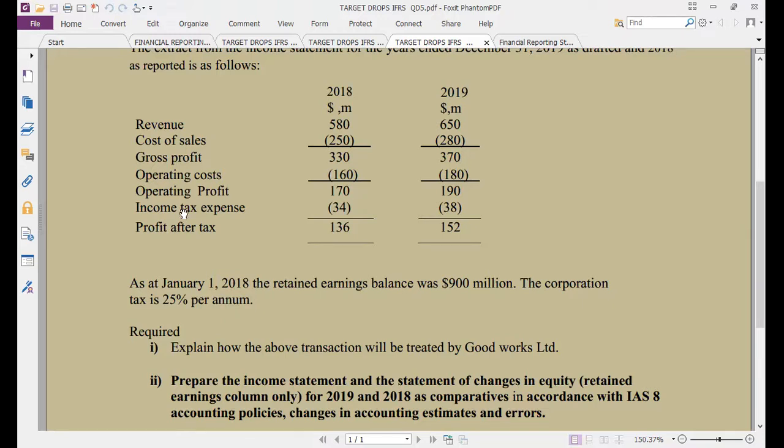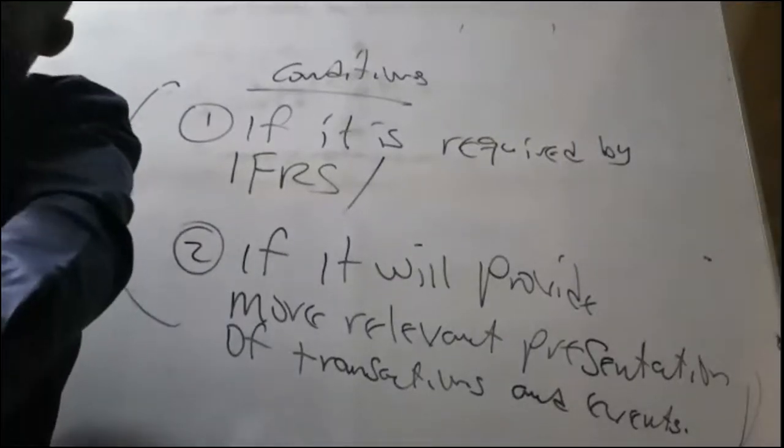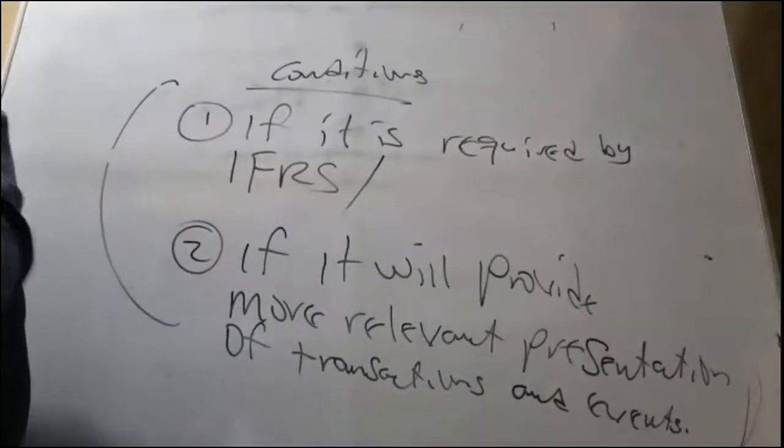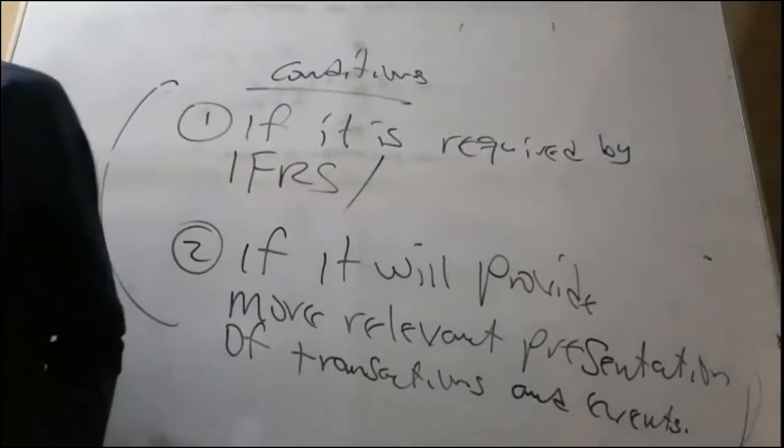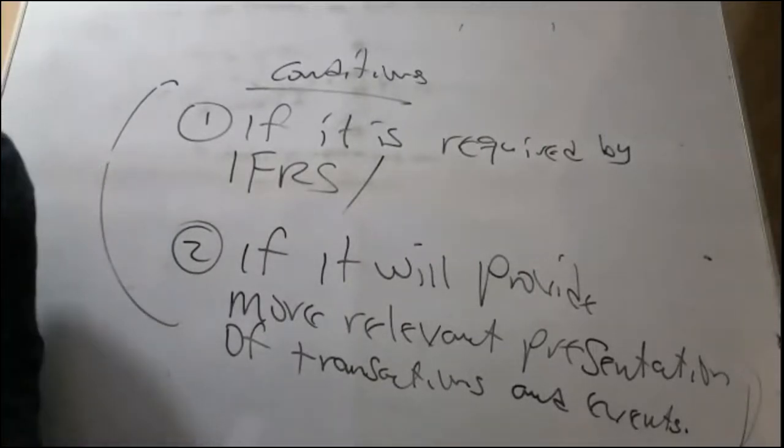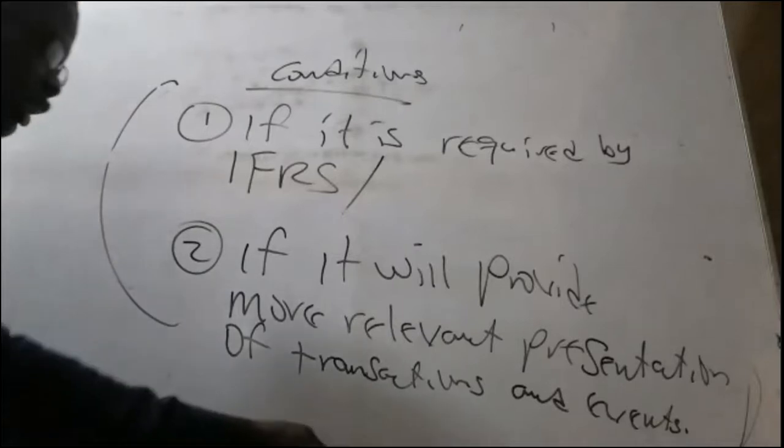First, we are just asking whether it is to be accounted for retrospectively or prospectively. This is a prior period error, so it must be accounted for retrospectively, as if the error had never occurred. So tell the examiner, it must be accounted for retrospectively.